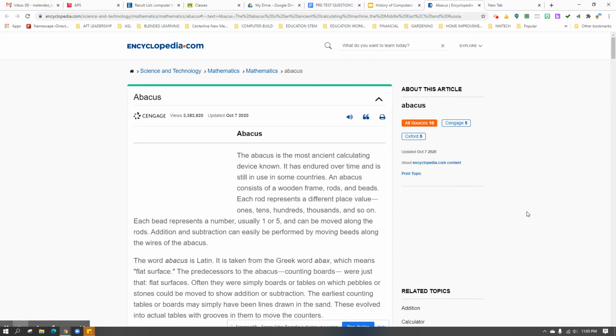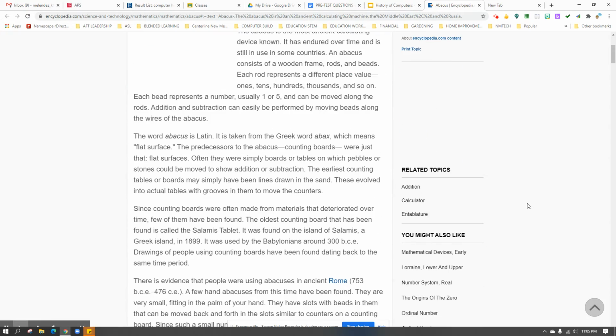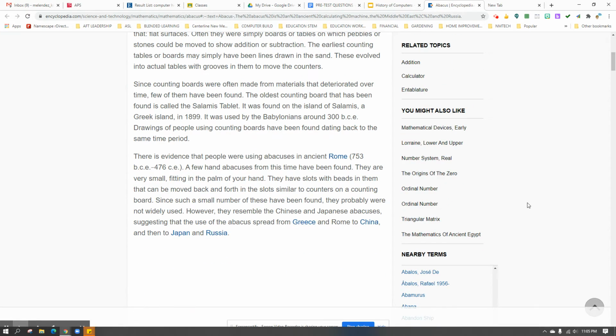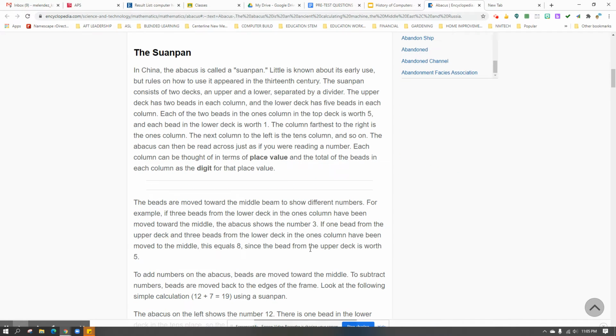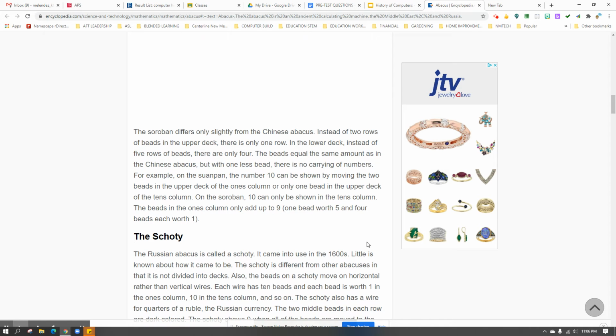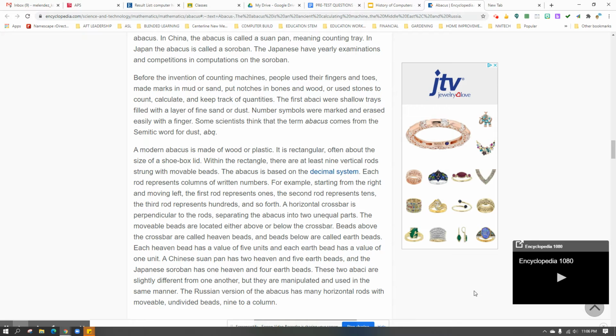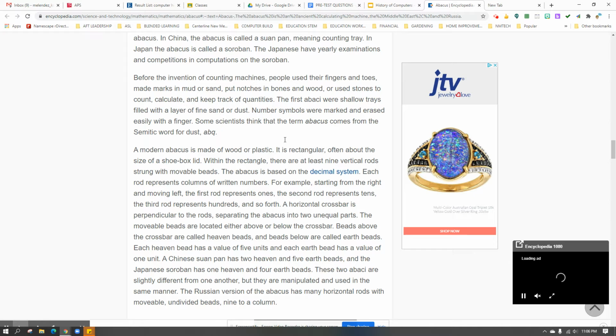If you have a project for math, you might want to come and read this information in encyclopedia.com. Some countries still use the abacus today. Greece, China, Japan, Russia. Every different type of abacus works a little bit differently than another one from another different country.